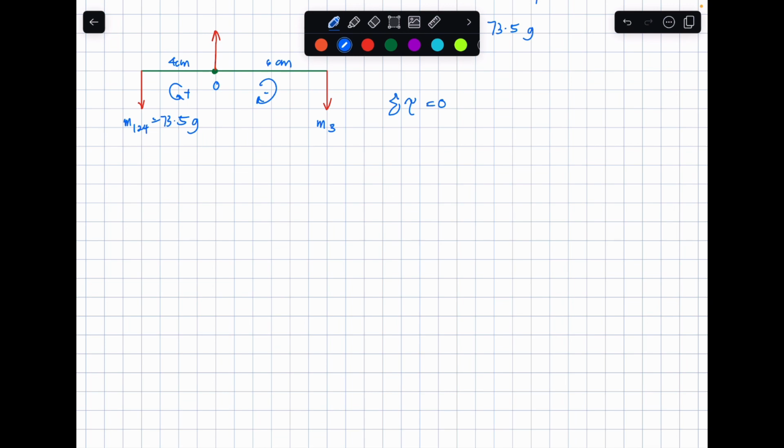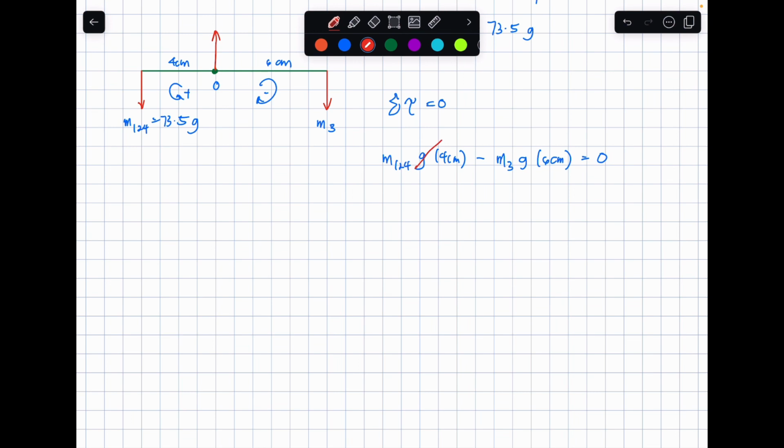So that is simply the mass of 1 to 4 times G times the 4 centimeter distance, minus M3 times G times the 6 centimeter distance, which is equal to 0.